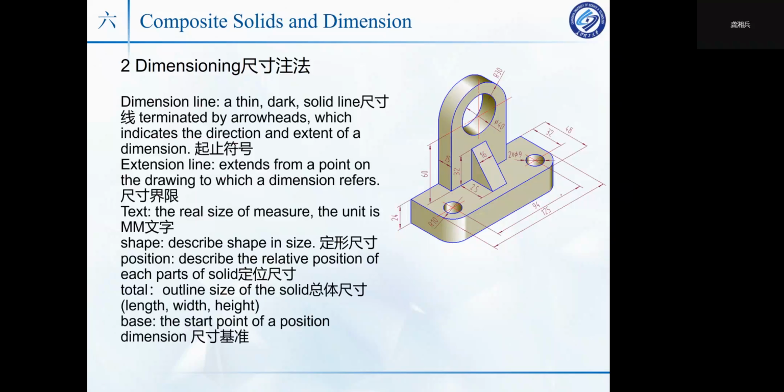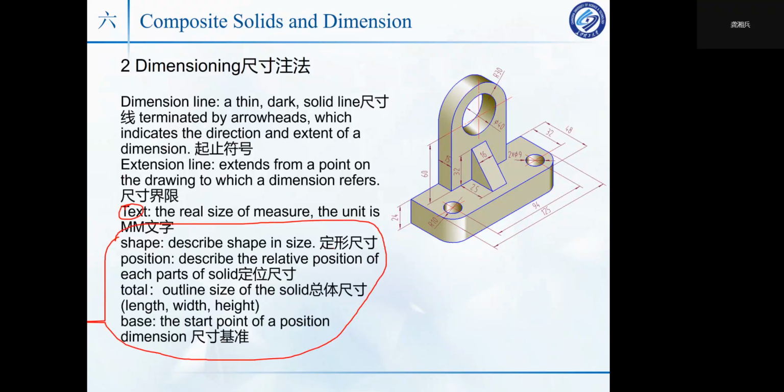The dimension line is here, the arrow is the extent, and the extension line is this line. Then we can write the text, and these are the different kinds of dimensions.